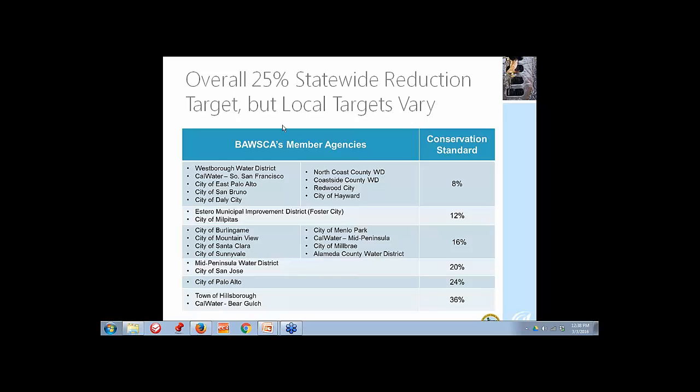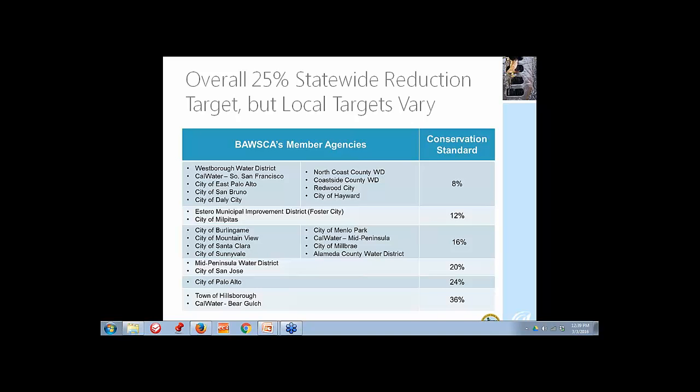So looking at this slide, a conservation target standard or a local target is assigned to each water supplier based on the amount of water they use per capita. Water suppliers like the City of Daly City and East Palo Alto only consume about 45 to 50 gallons per capita per day and are assigned the lowest conservation standard, around 8%.